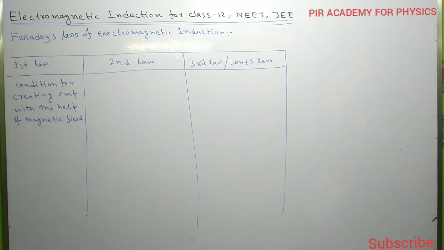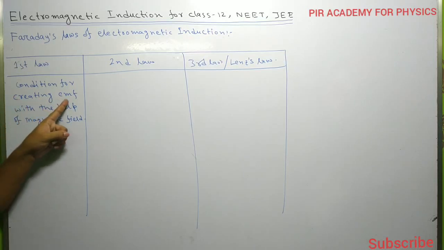That means the first law says how you can produce electromotive force with the help of a magnetic field.